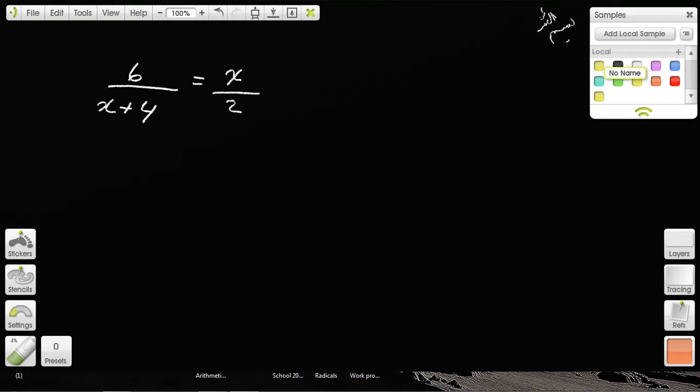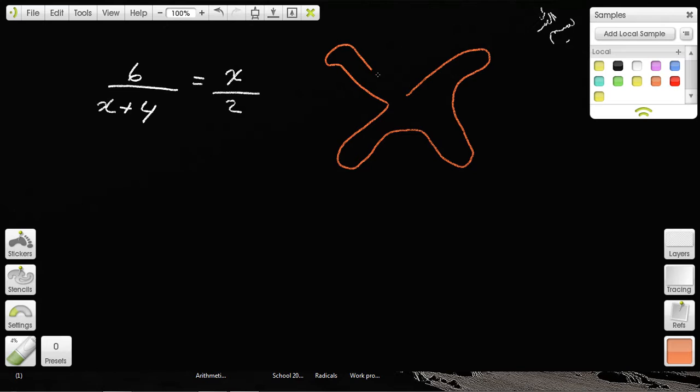Solving rational equations. You see it's an equation. How do we do this one, Abdullah? How do we do this? Yes?